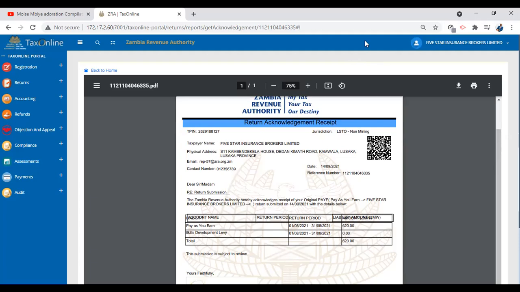Let me just go to the tax calculator on our website so that we just appreciate that aspect as well. It's a place where you need to begin from. You make sure that you calculate.